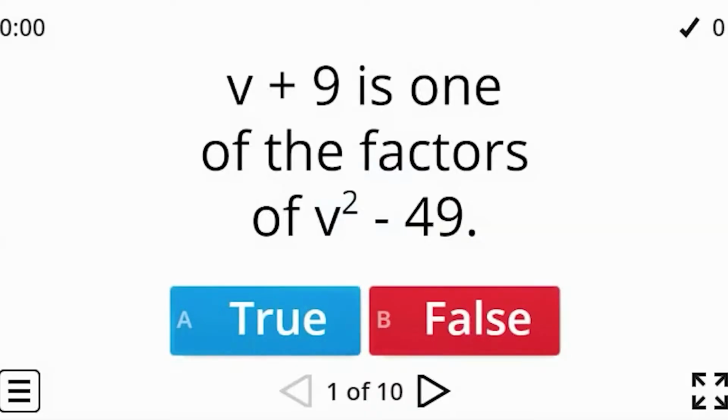Let us check your understanding about common monomial factors. All we have to do is tell whether the statement is true or false. You may write your answers on a piece of paper or you can use your notebook in mathematics. Number 1: v plus 9 is one of the factors of v squared minus 49.